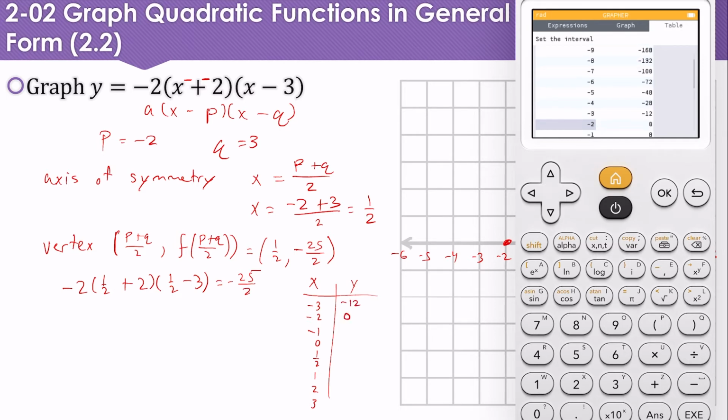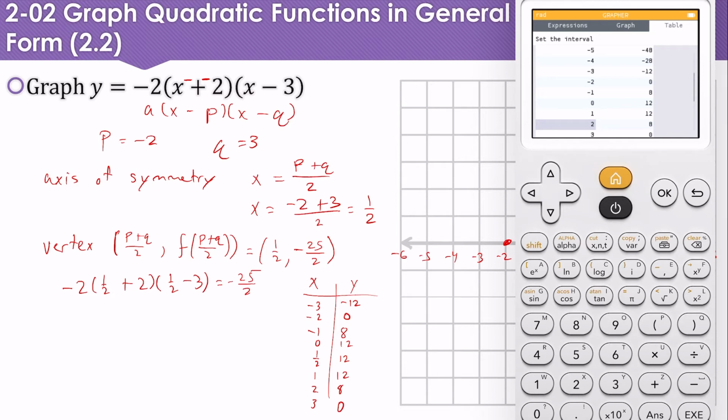Negative 2 is 0. That's my x-intercept. Negative 1 is 8. 0 is 12. 1 is 12. Oh, sorry. 12, 2 is 8, 3 is 0.